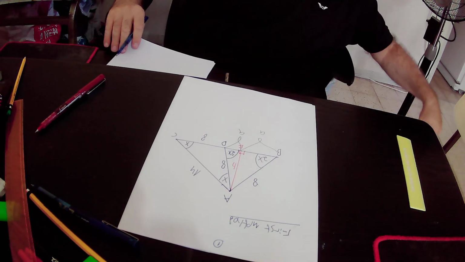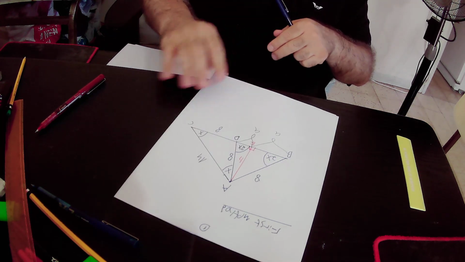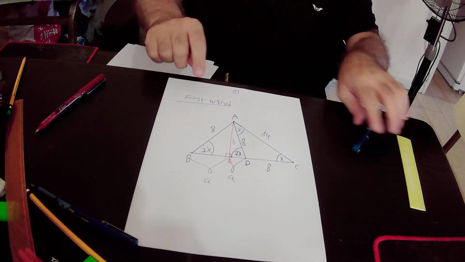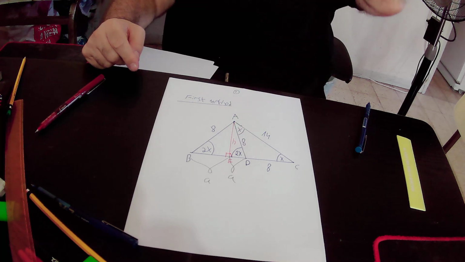and actually the area of any triangle equals the base of the triangle times the height to the base over 2.